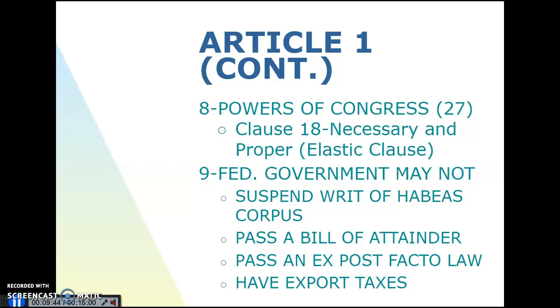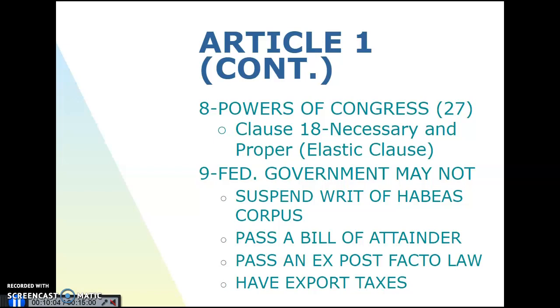One of the big ones is Clause 18. So again, the Constitution has articles, sections, and then clauses. Clause 18 is known as the necessary and proper clause. It's also known as the elastic clause. You think about elasticity, you think about stretching.